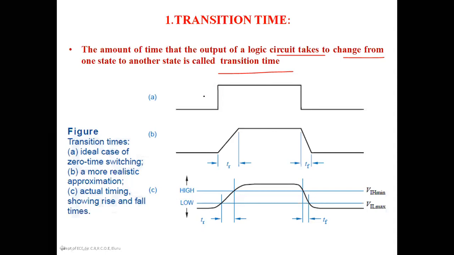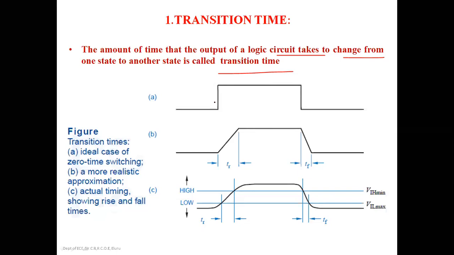Ideally, everyone expects this kind of output: the moment you apply the input, there should instantaneously be a change in the state of the output. So this is the ideal characteristic, in which the rate of change of the output state is instantaneous.